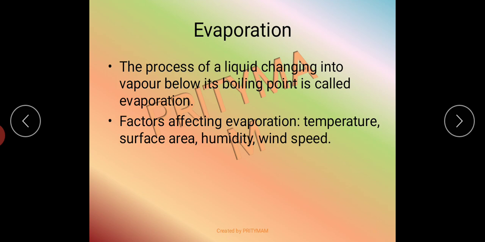So the process of evaporation, I can explain to you something like this. Students, some particles which are present in the liquid always have more kinetic energy than the others. So even when a liquid is well below the boiling point, some of the particles have enough energy to break the forces of attraction between the particles and to escape from the surface of the liquid in the form of vapor or a gas.